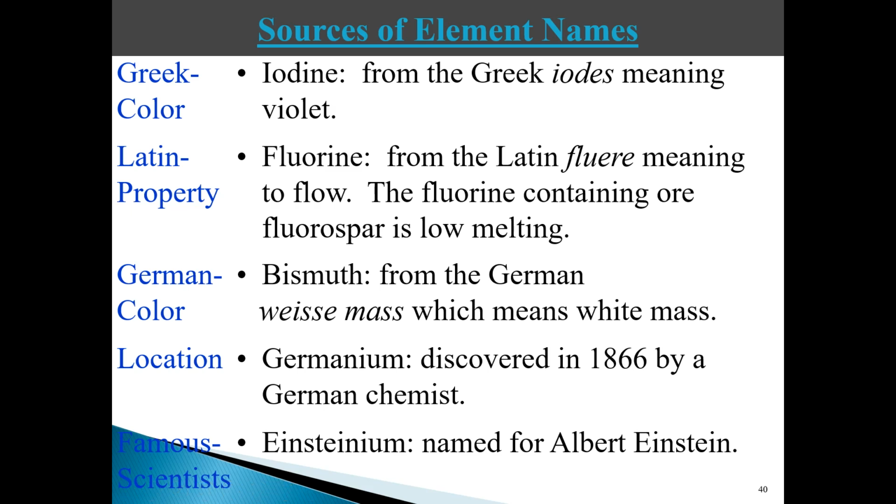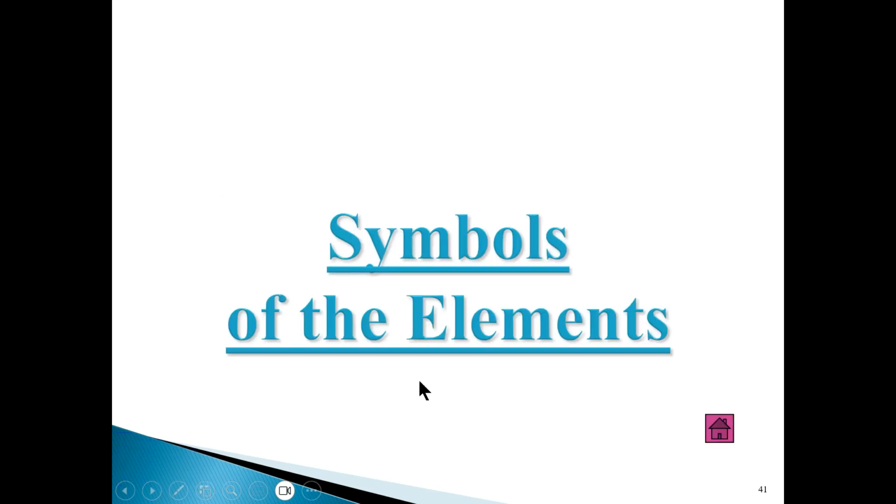So as you can see, the sources of the element's name can be wide and varied: based on color, based on different languages, and the terms in the different languages can be used to describe different properties associated with the elements, as well as based on the names of locations and important famous scientists.